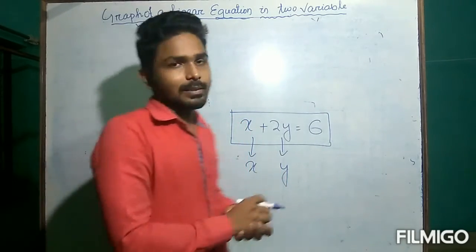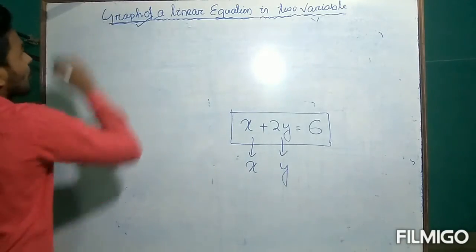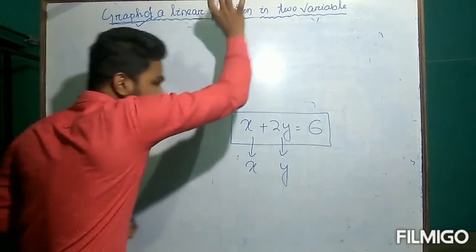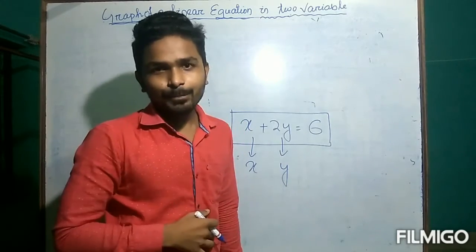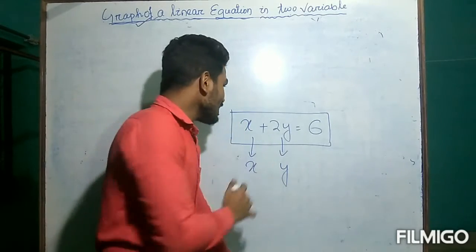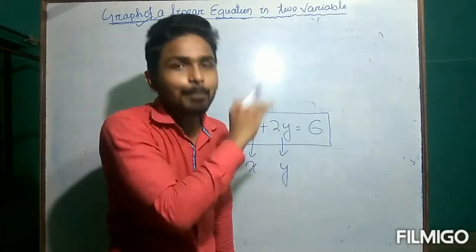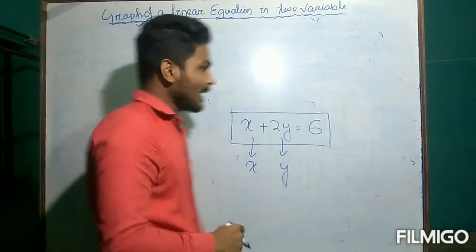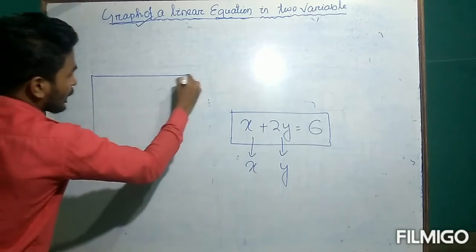Let's talk about this. There is a term, graph of a linear equation in two variables. Graph means definitely you need a graph paper. So we have to represent this linear equation in two variables on a graph paper.